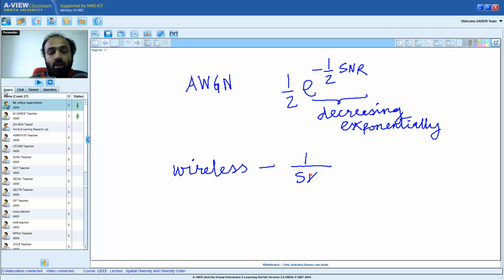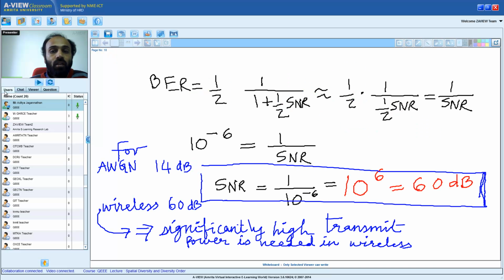You can clearly see what we had written previously. In a wireless communication system, it is only decreasing as 1 over SNR.